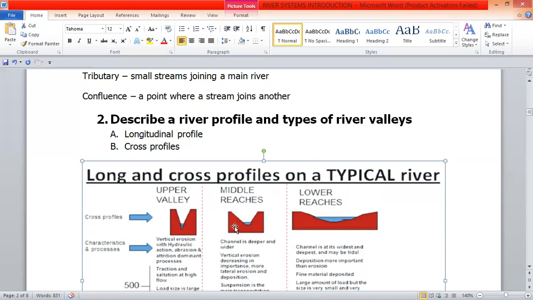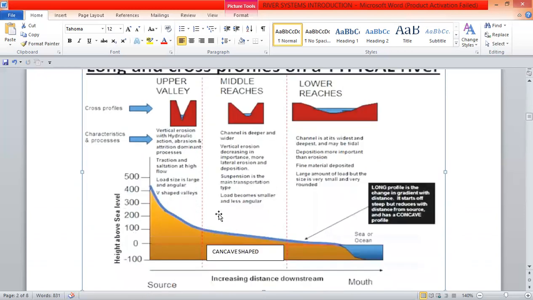So the V is beginning to open up, and then the last cross profile, the V has been further opened to form a wide open U, that is in the lower stage of the stream. So those are the two profiles that you should know, the longitudinal, okay, and then the cross. For the cross, we have V, we have an open V, we have an open U, okay.